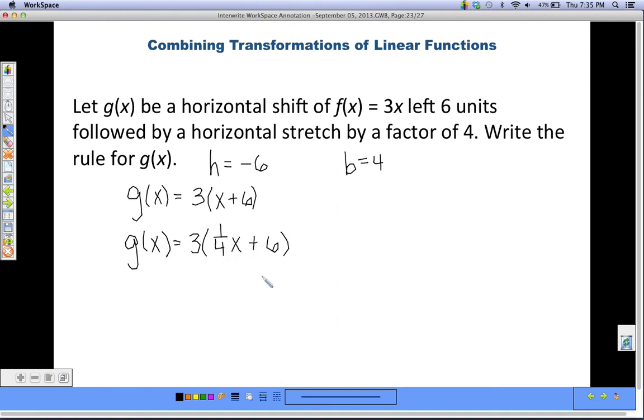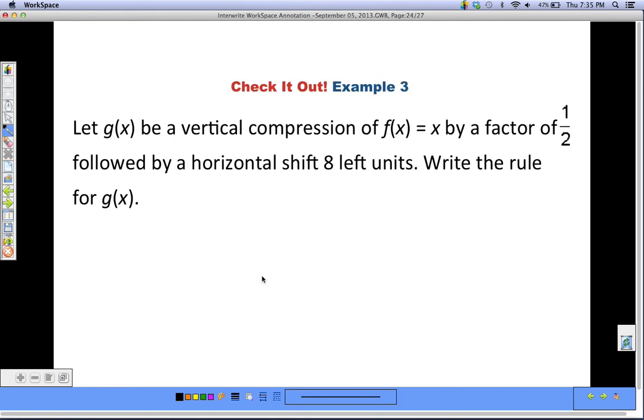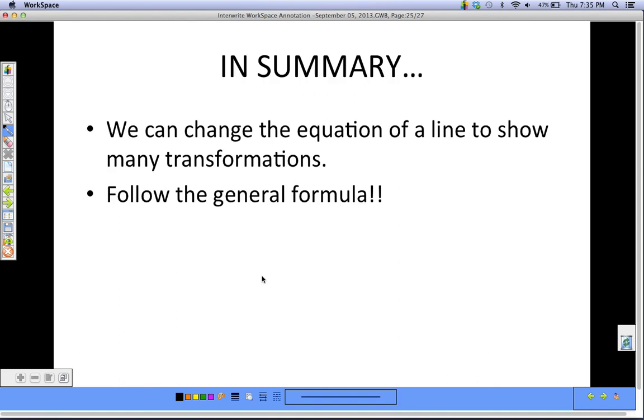Now, don't worry if you're still a little confused on the compressions and the stretches. We are going to look more at that. It takes just a little bit of time to get used to that. Okay, we're going to skip that slide actually. So in summary, we showed how we can change an equation of a line.